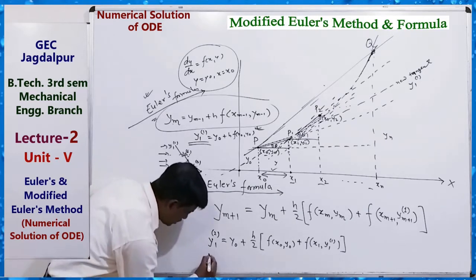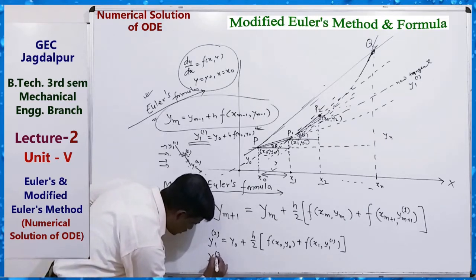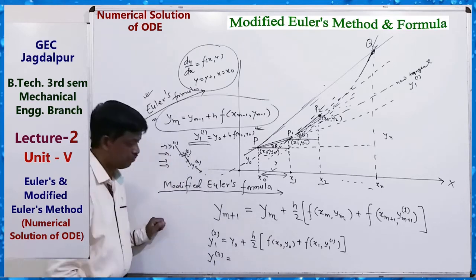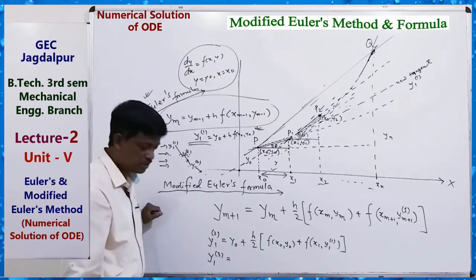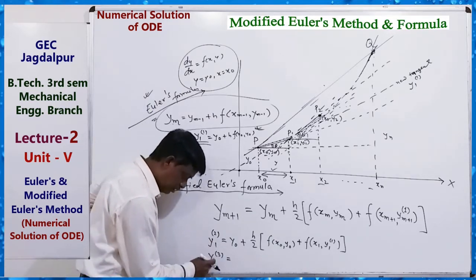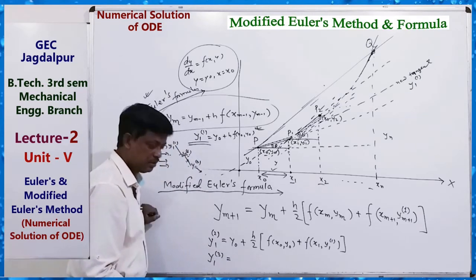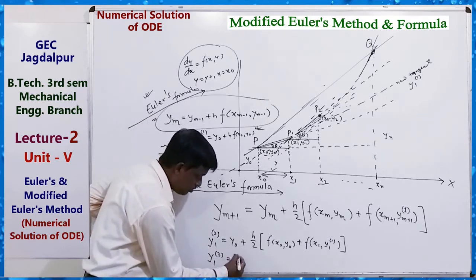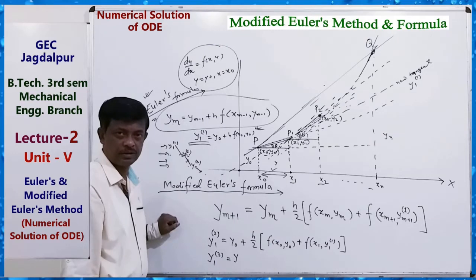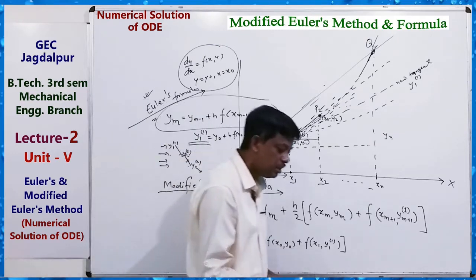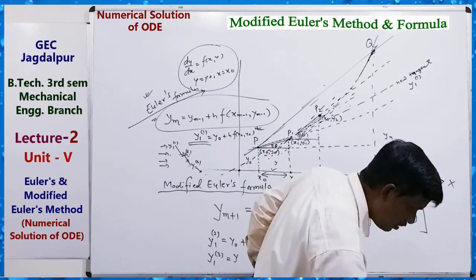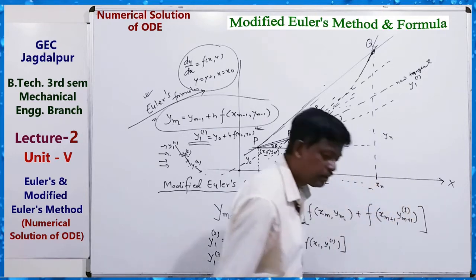Now, the third approximation, we can get the third approximation for y1. For the third approximation, the value of what?